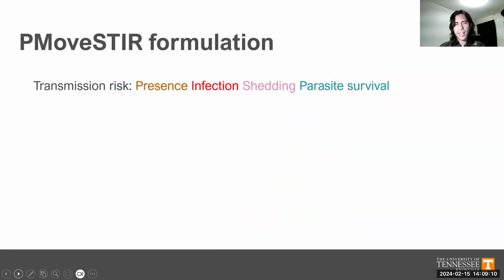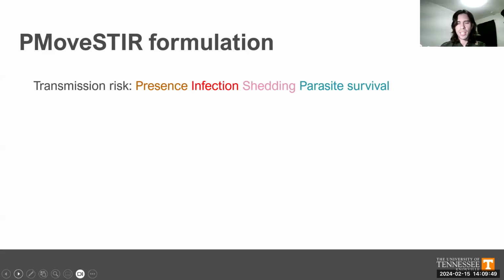The formulation, conceptually, is fairly simple. If you take one of those individuals that I just showed you at some point along those tracks, you want to know whether the other individual was there at the same location at some past time, whether it was infected, how often it would shed propagules of some infection stage of the parasite, and, based on the time that had passed since the other host was there, whether it would be likely that those propagules would have survived.